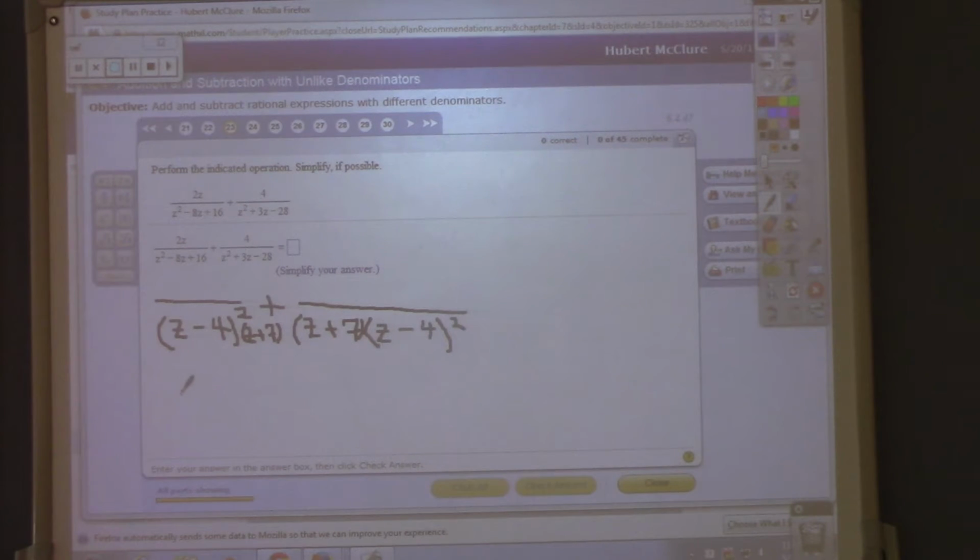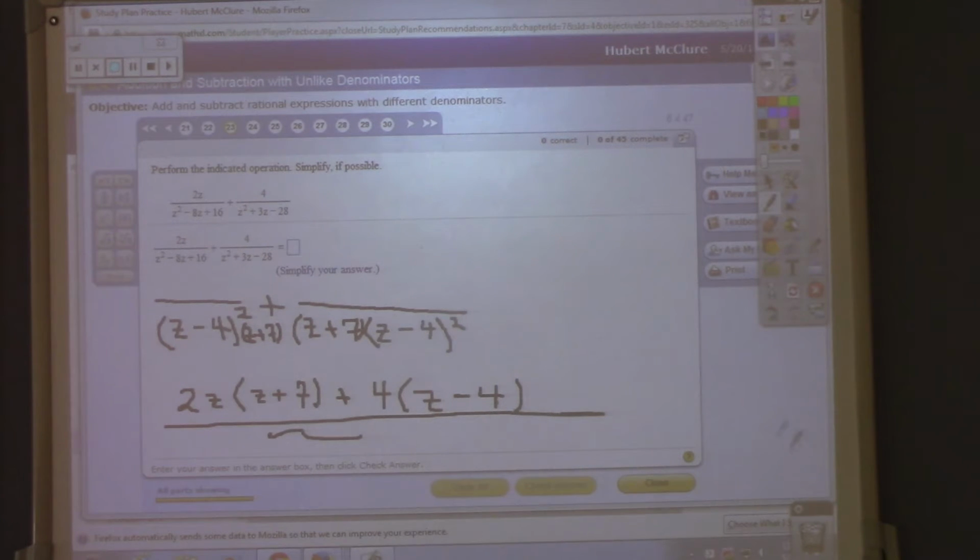So that'd be 2z times z plus 7 plus 4 times what? Well, this is z minus 4 and z plus 7, but what's missing? Another z minus 4, all over common denominator.